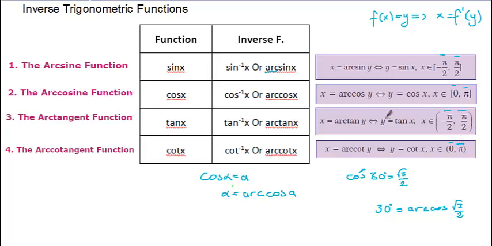So arc cosine and arc cotangent are in the same interval, and arc sine and arc tangent are in the same interval. It's going to be as you see here. Only for sine and cosine, the boundaries are included. For tangent and cotangent, the boundaries are not going to be included.